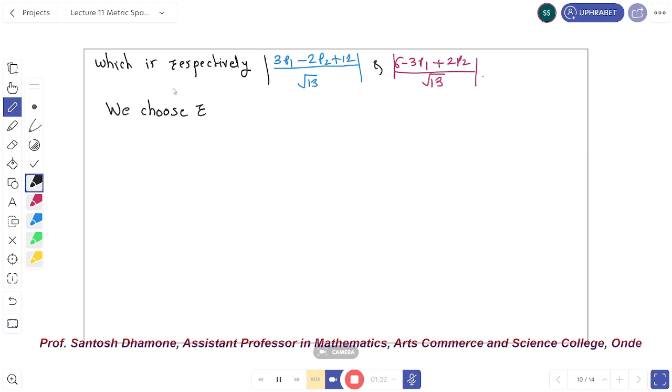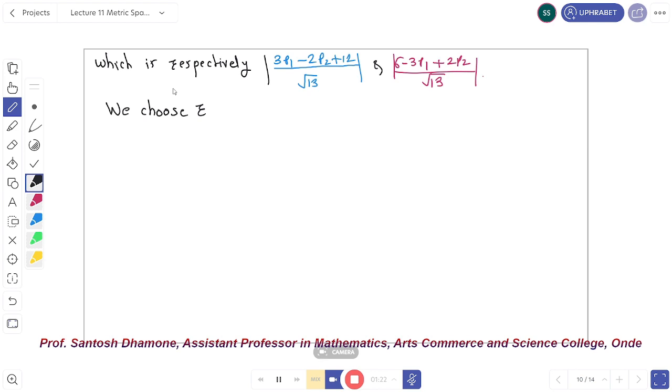Okay, we will prove that the open ball about the point (p1, p2) with radius r is contained in set G. This is our target.